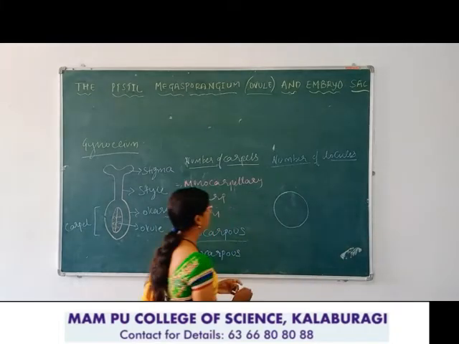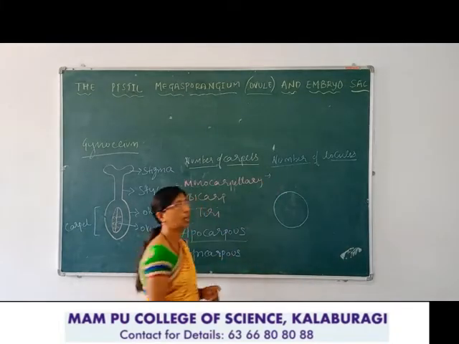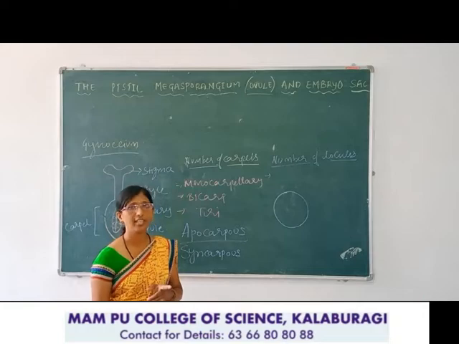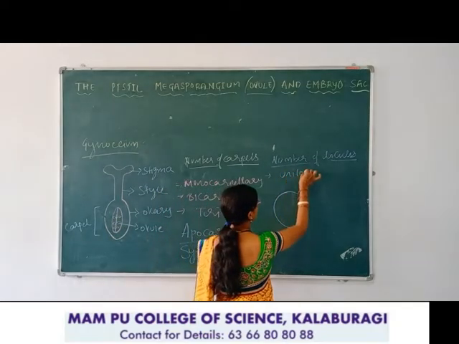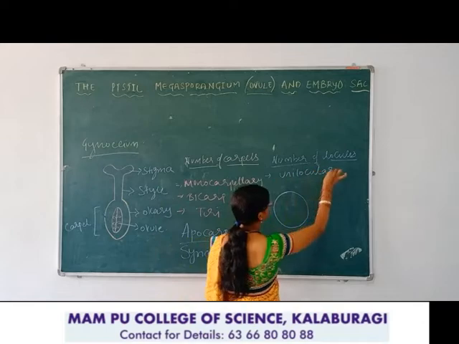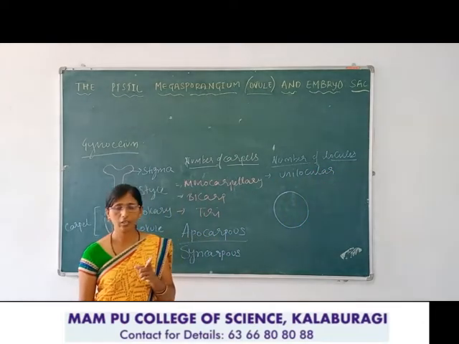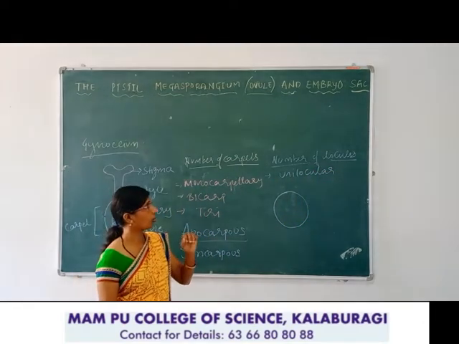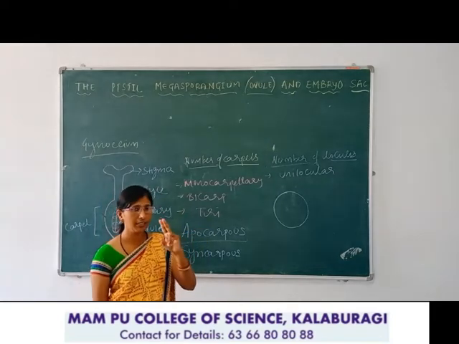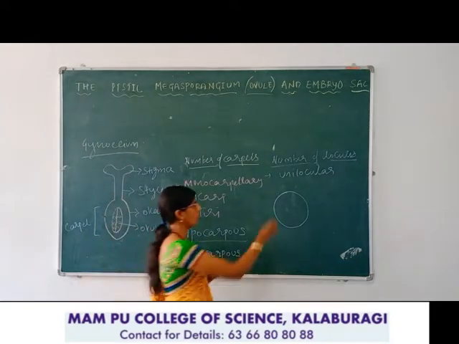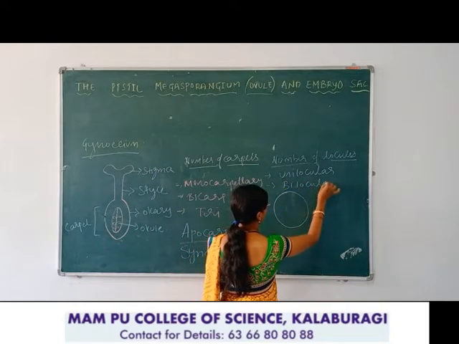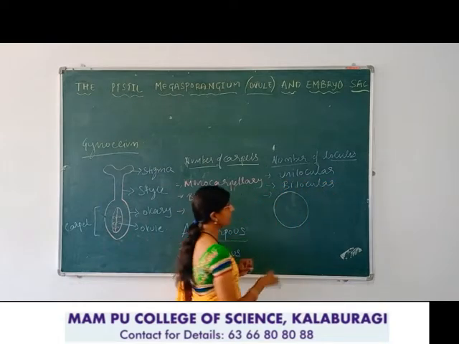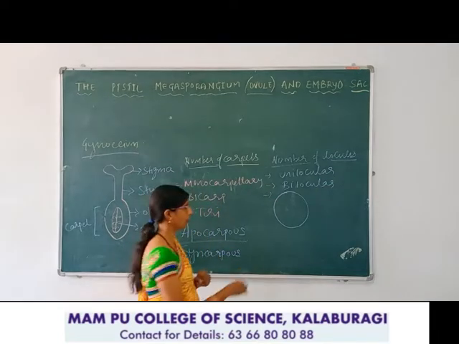For example, if it is having 1 locule or 1 chamber, then it is called unilocular. If only 1 locule, 1 chamber is present, then it is called unilocular. If it is 2, then bilocular. Okay, if it is 3, then it is called trilocular.